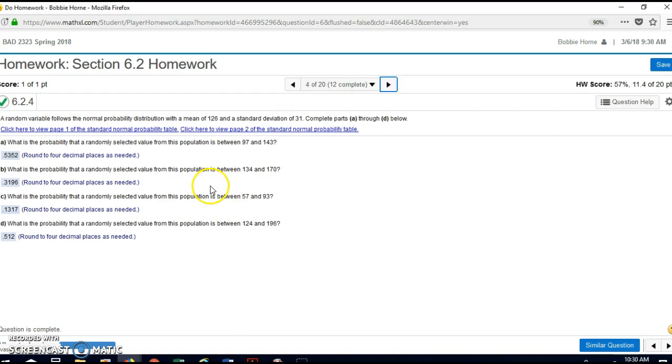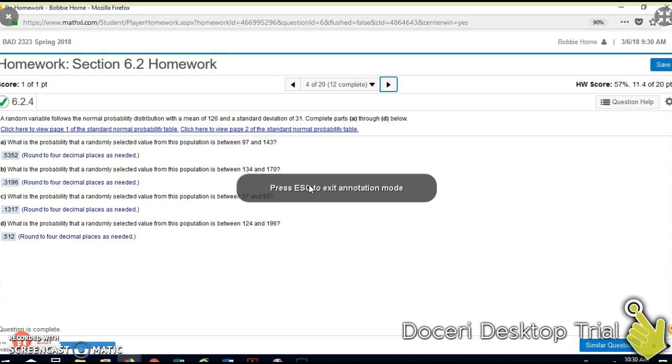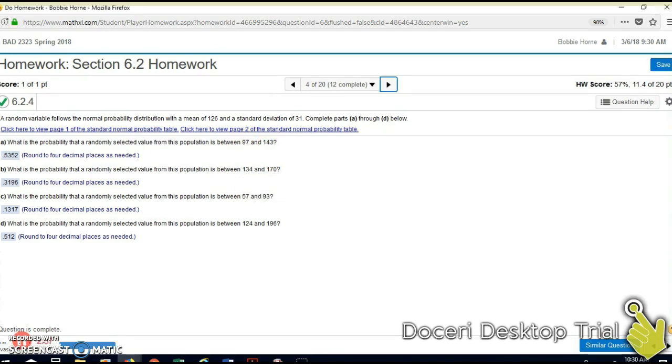These are betweens. So what you have to do here is find the z-values for each of these. So let's do that real quick. Let me find my calculations that I've already done. Since all these are the same types of calculations, I will just work the first one and you work the rest of them the same.